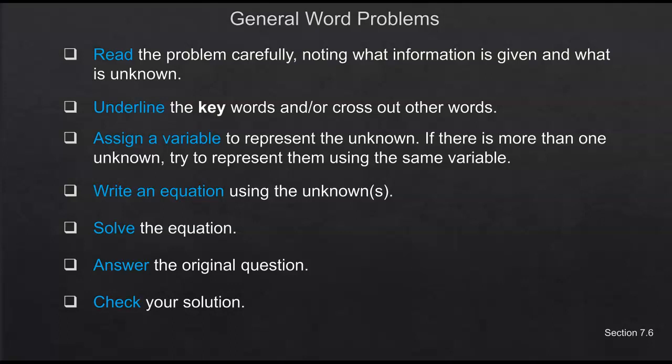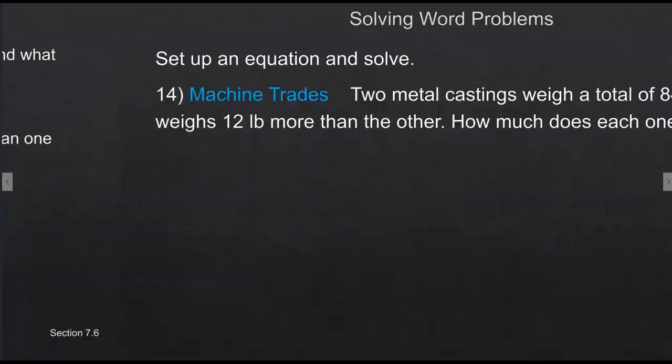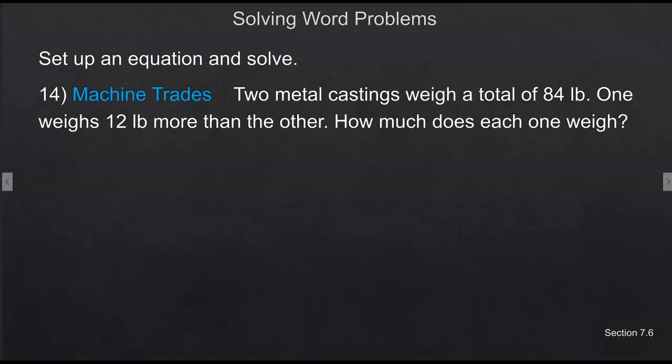This is just something to help guide you through this. One thing that you have to do is read carefully and work your way through the problems. How we set this up is going to be rather important. Machine trades: 2 metal castings weigh a total of 84 pounds. Right there it tells us weigh a total, so it sounds like we might be doing some adding.